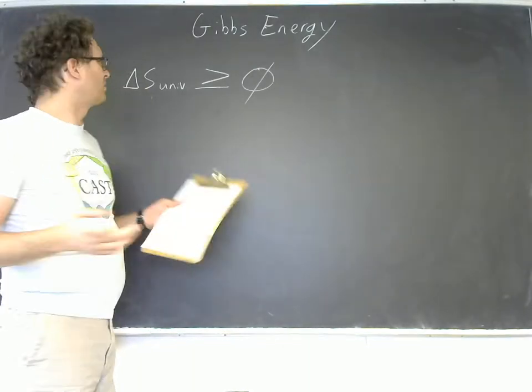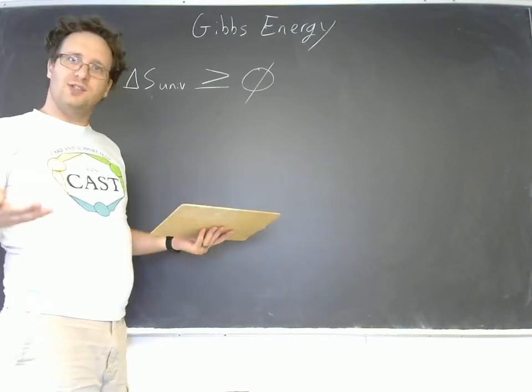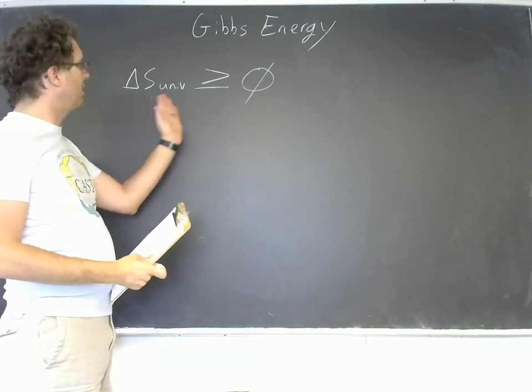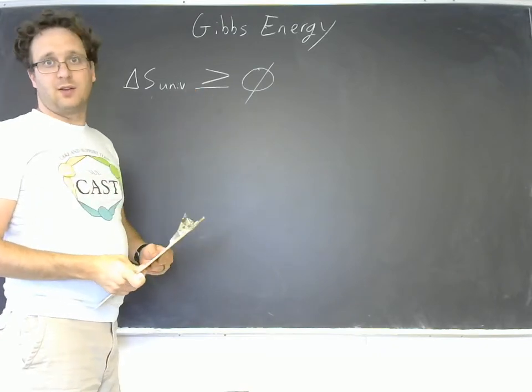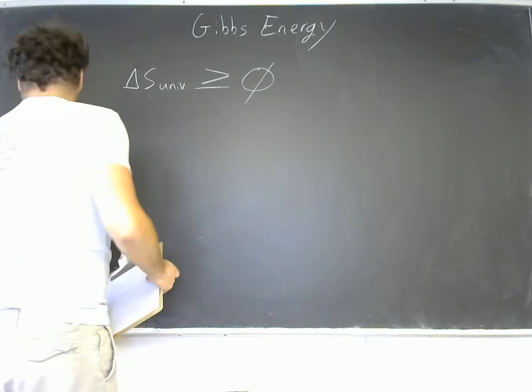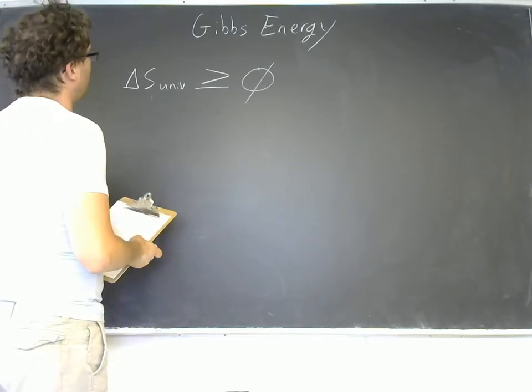Of course, we can talk about and describe a process which is non-spontaneous, but for those that actually occur in nature, the second law of thermodynamics holds. Well, what is delta S of the universe equal to?